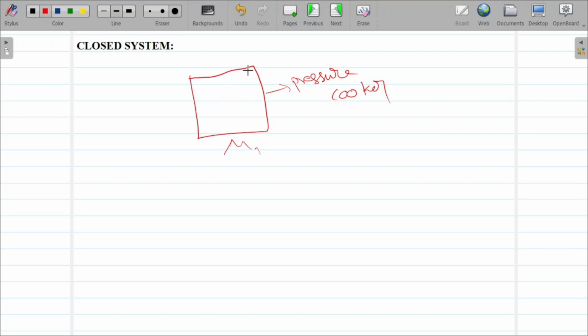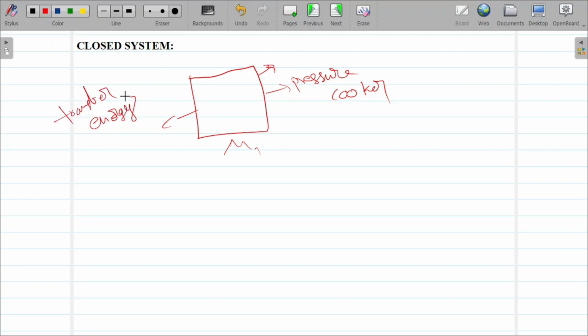Right or not? Whatever we are giving, is that coming out? No. Matter is not coming out; inside, energy only is coming. Sorry, energy only transfers.